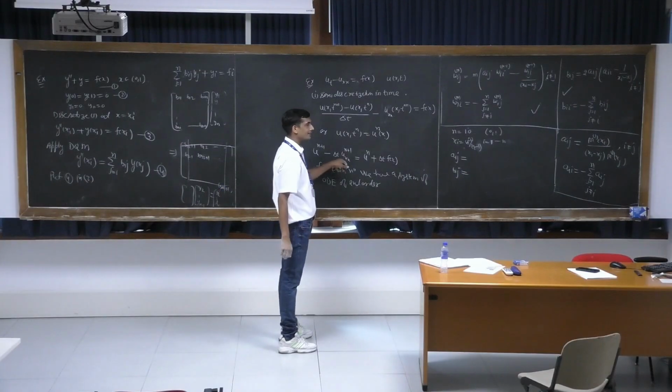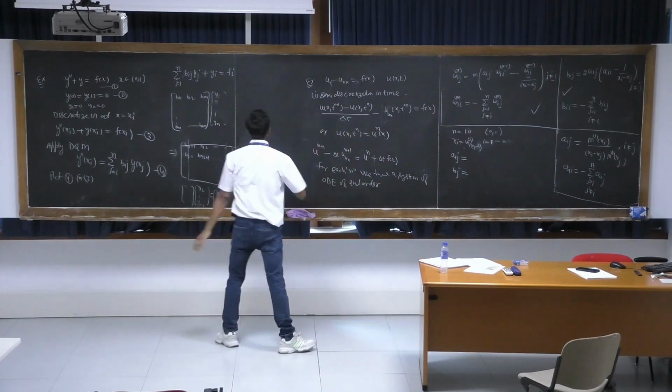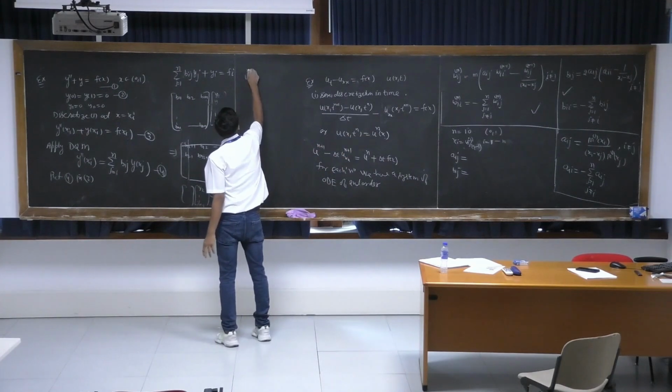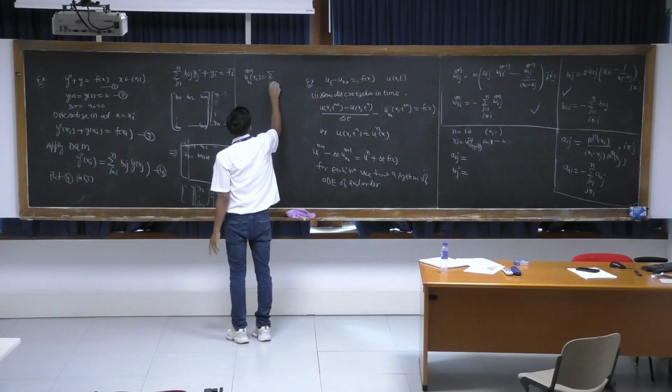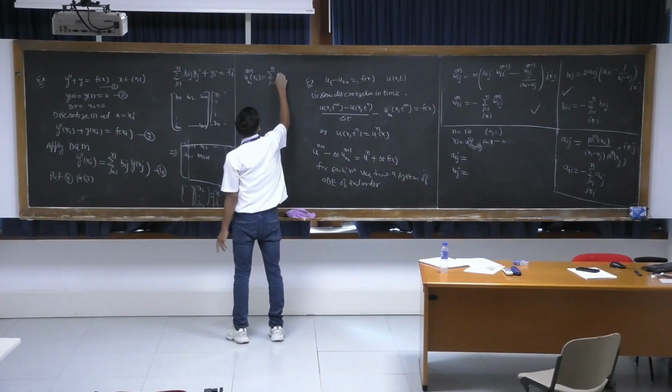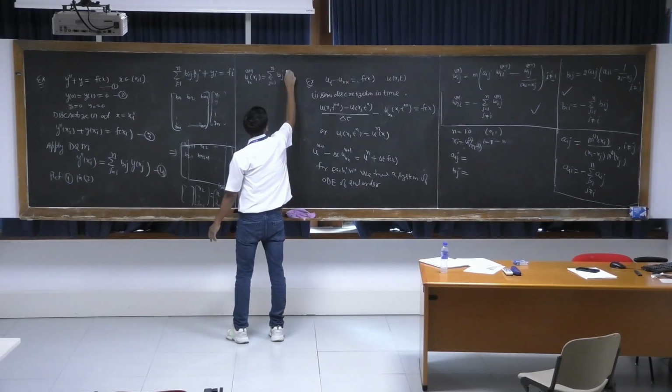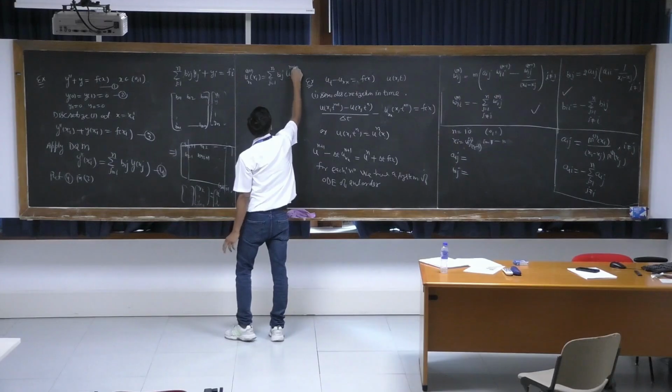Now approximate the derivative term with the help of the differential quadrature method. This means this term u_xx at x_i is the summation j equal to 1 to n, b_ij, u of n plus 1.